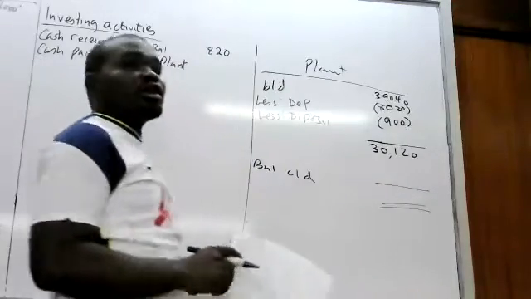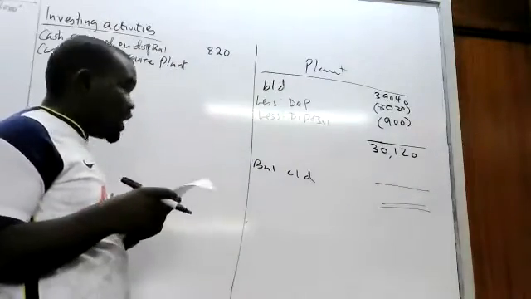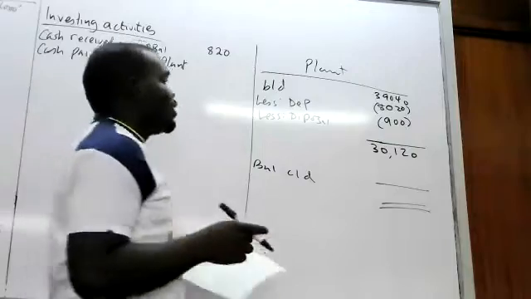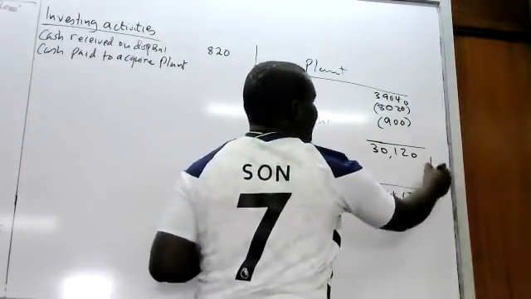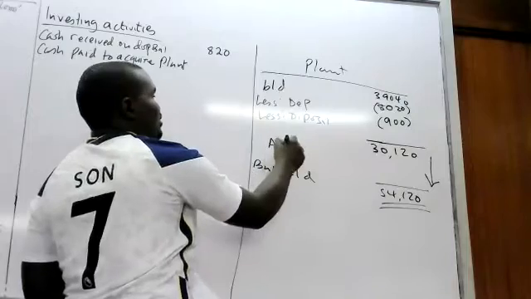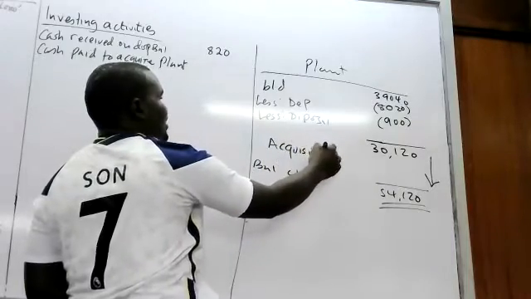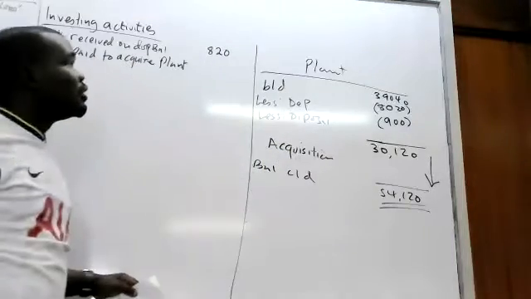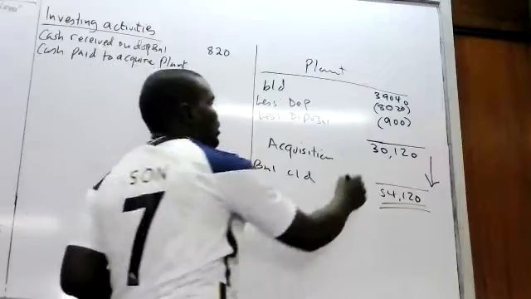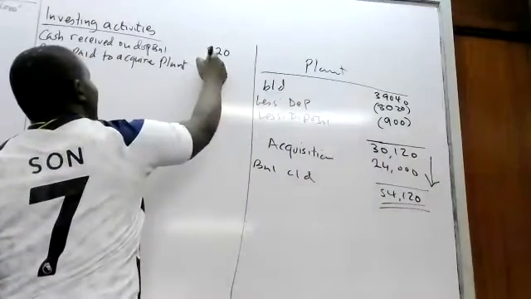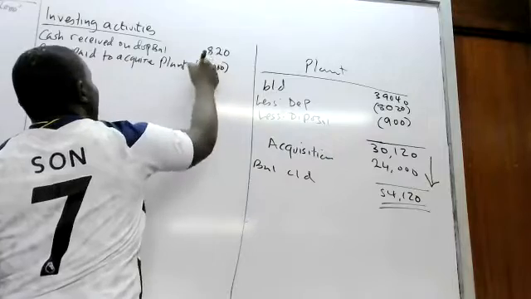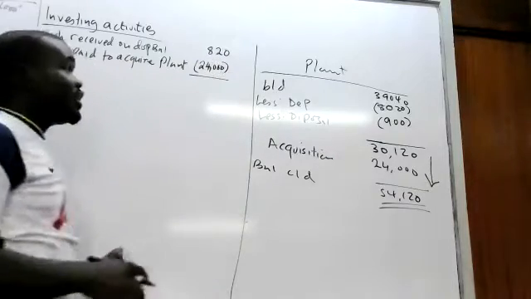According to the examiner, what is the closing for plants? 54,120. So that increase is what they acquired. So acquisition, how much is that? 24,000. So let us put 24,000. That is cash outflow. Then there is nothing actually.